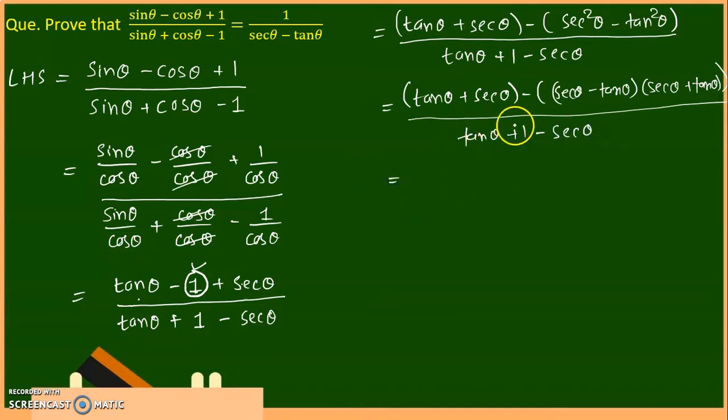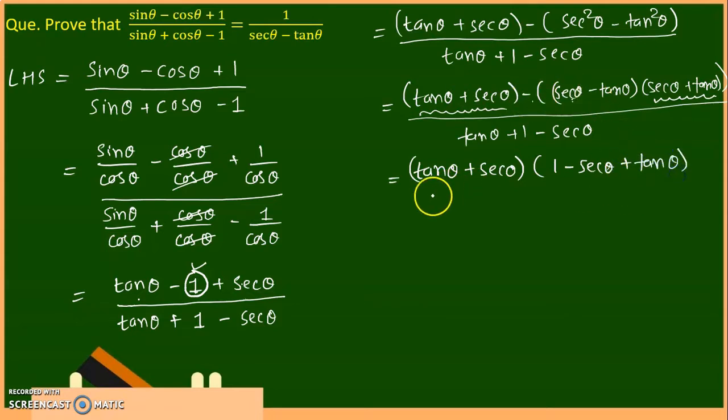Here we have tan theta plus sec theta in both terms, so that can be taken common. Taking tan theta plus sec theta common, we have 1 minus, and this minus multiplies into the bracket, so it becomes minus sec theta, and minus minus becomes plus tan theta, divided by tan theta plus 1 minus sec theta.